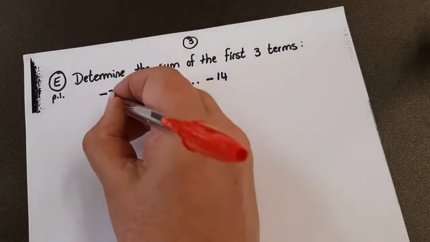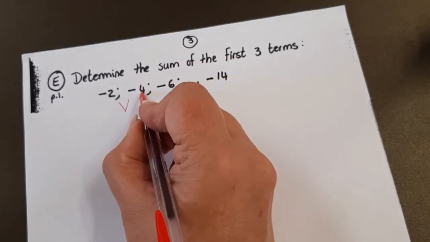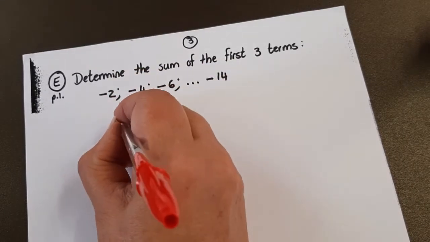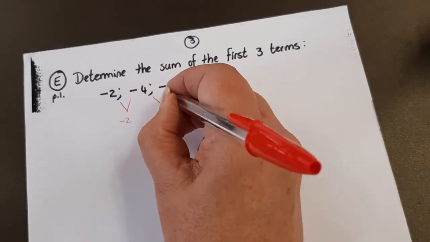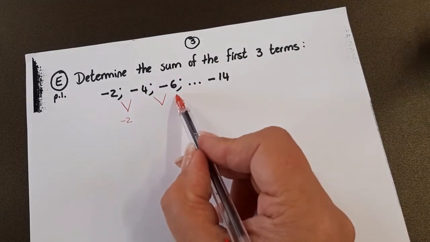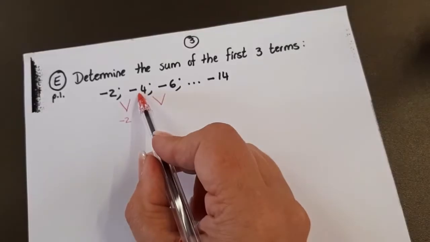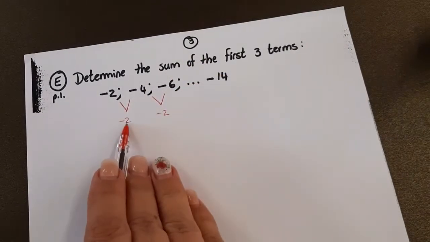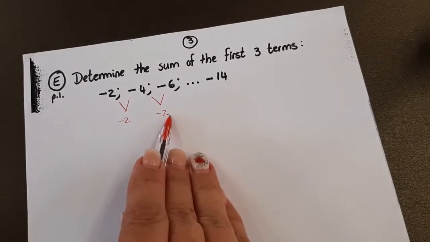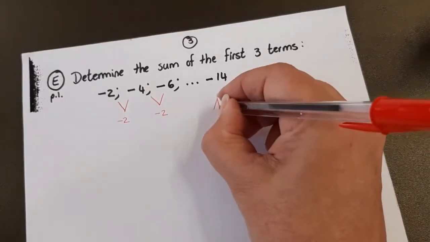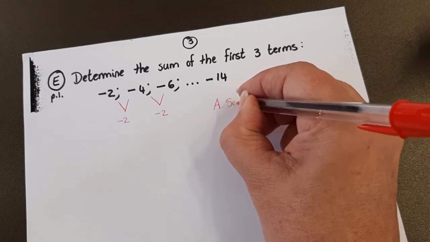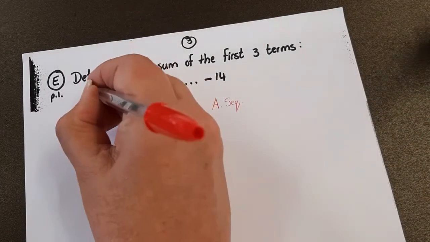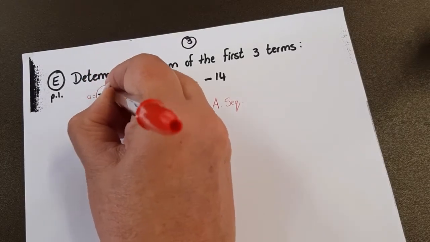So let's quickly see. Minus 4 minus minus 2 will give you minus 2. Minus 6 minus minus 4 gives you minus 2. Because the difference is constant, we know it's an arithmetic sequence. So this will be d and that will be a.